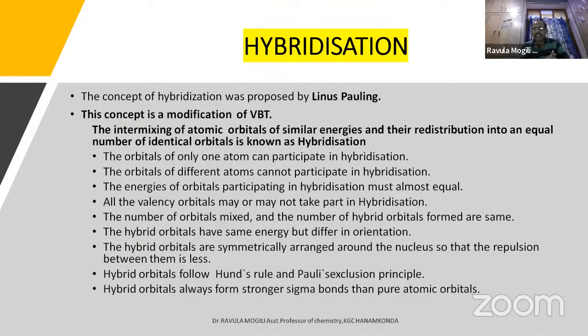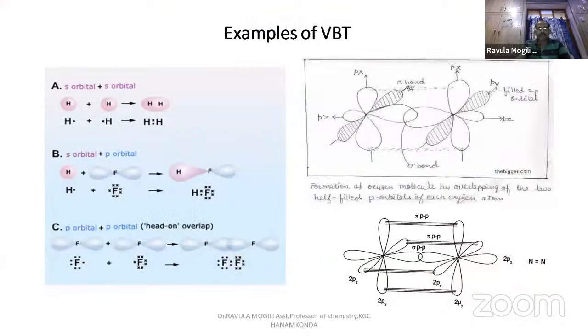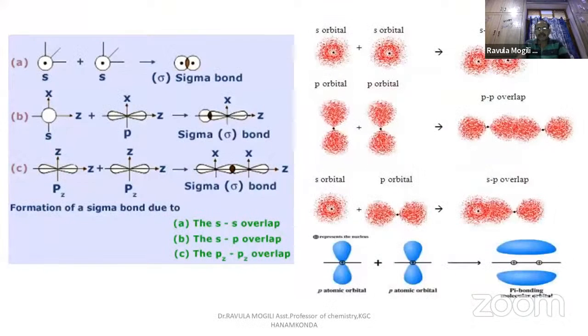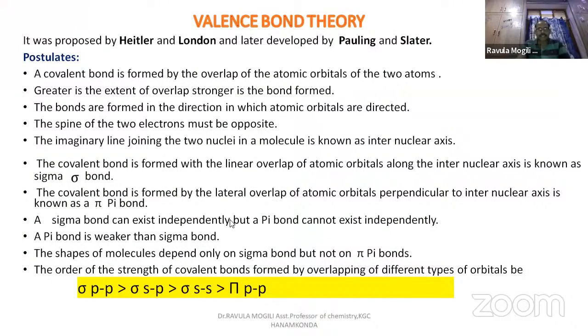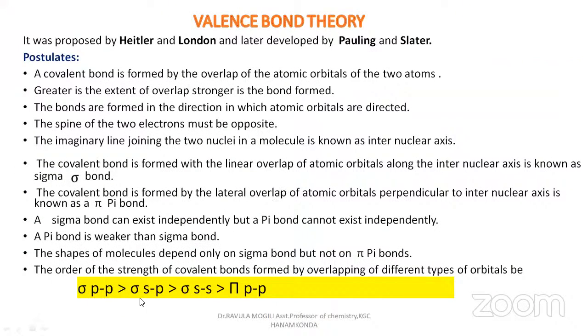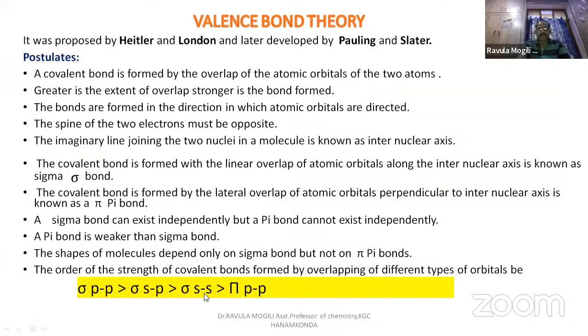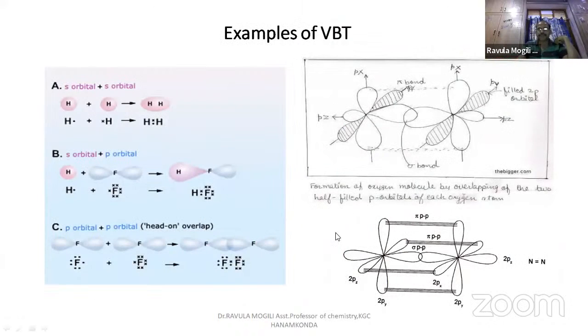The sigma bond is stronger than the pi bond. So already you know, sigma pp is greater than sigma sp is greater than sigma ss is greater than pi pp. So this is the formation of different types of bonds.